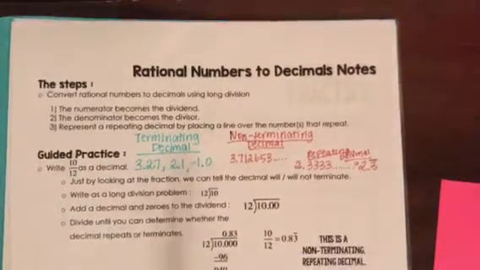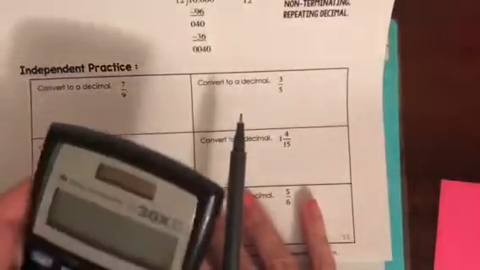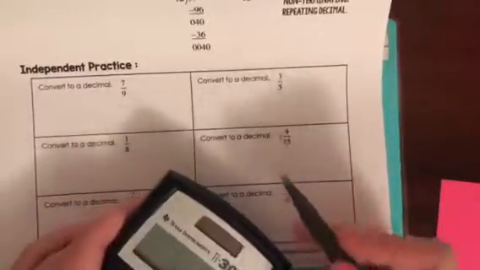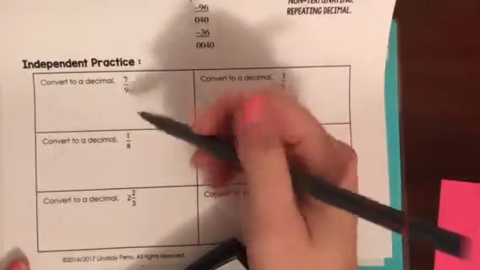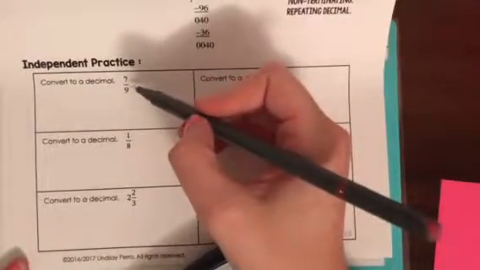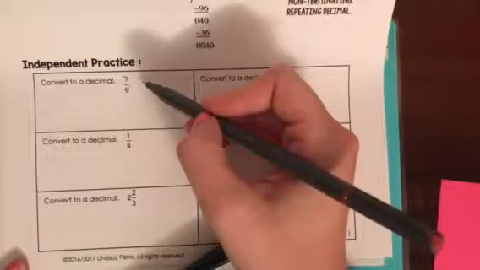And where it says independent practice down here, I want you to try to use your calculator for this. So when we have a decimal, 7 divided by 9, 7 over 9, that fraction actually means division. So this little fraction bar tells us that we're dividing.